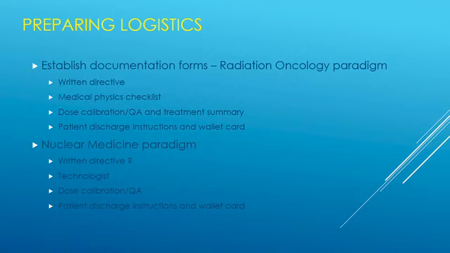Whereas in the nuclear medicine paradigm, where they're typically more used to diagnostic, the level of quality assurance is not as high. They don't necessarily have written directives. If you're supervising a program in nuclear medicine, you would maybe try to engage your radiation oncology colleagues to see what kind of quality assurance and directives they have.